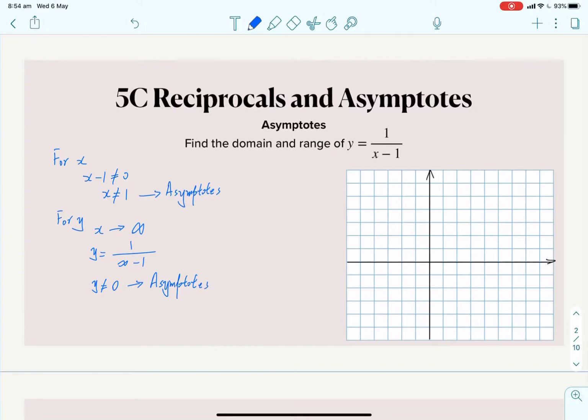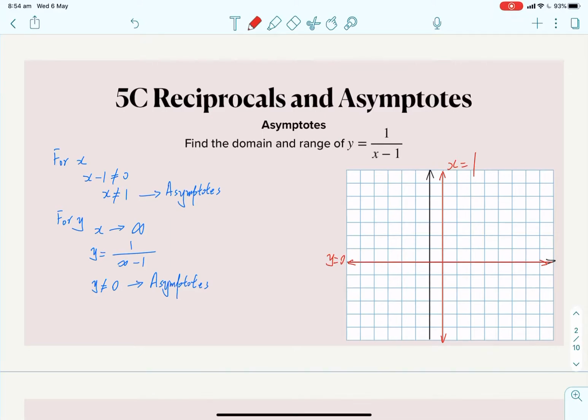It's really important that when we draw a diagram like this, we draw the asymptotes first. So we have x not equal to 1, so we draw x equals 1, that's the asymptote, and y equals 0 is also an asymptote.